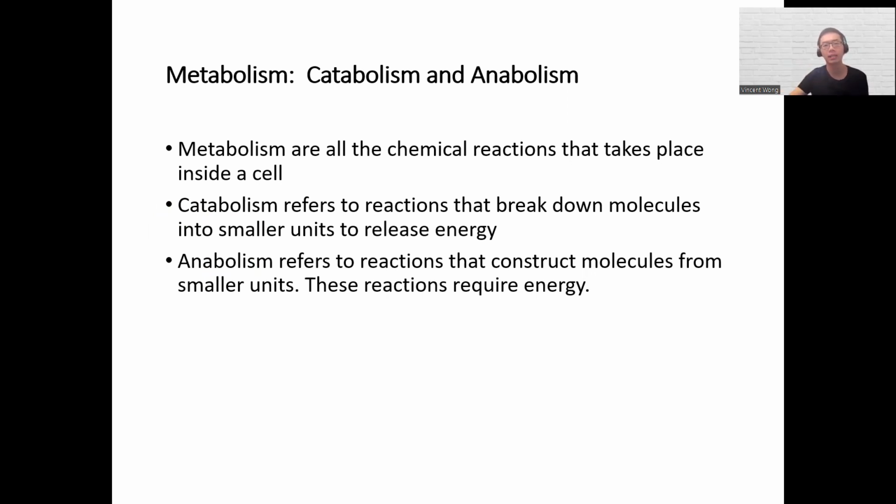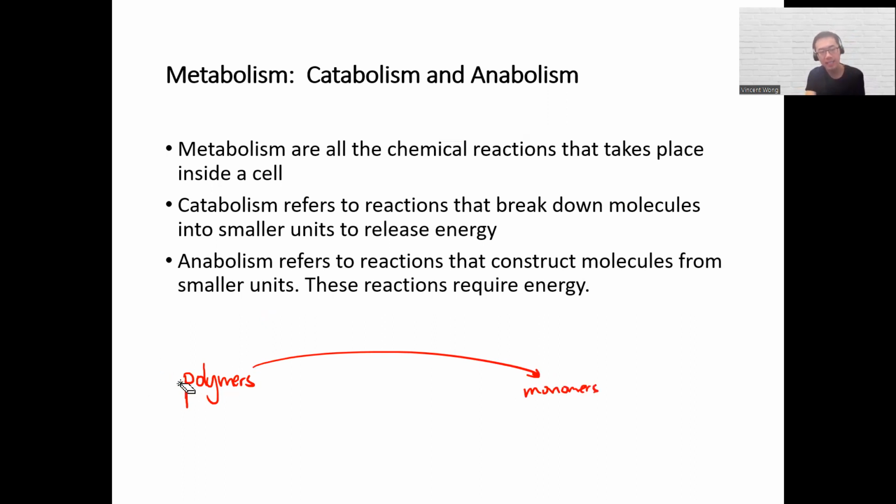So catabolism are reactions that involve breaking down molecules into smaller units, okay? And they tend to release energy in the process, right? So for example, we take polymers and we break them down into monomers, right?